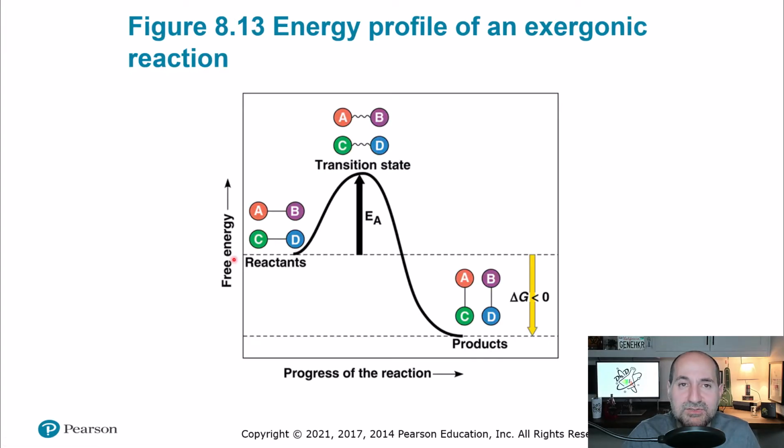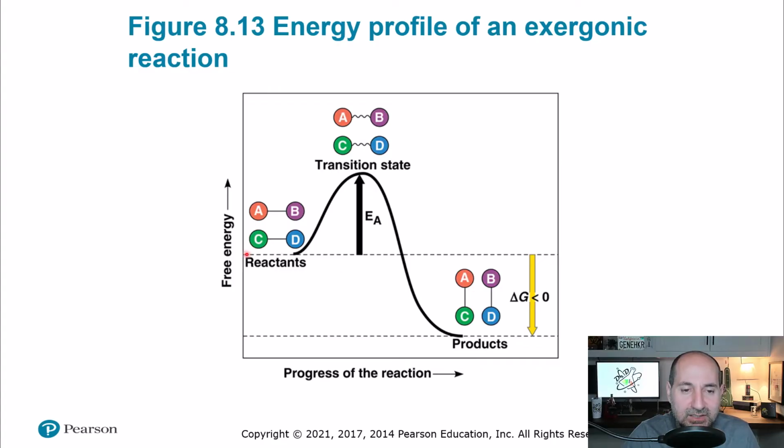So here you can see reactants will absorb some energy to reach what's known as activation energy, the initial energy needed to start a reaction. This allows these molecules to reach their transition state and rearrange their bonds, forming more stable products and lower free energy products.